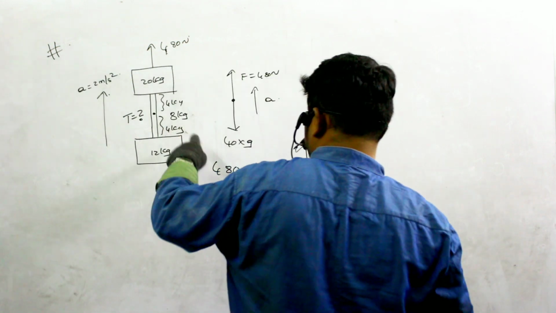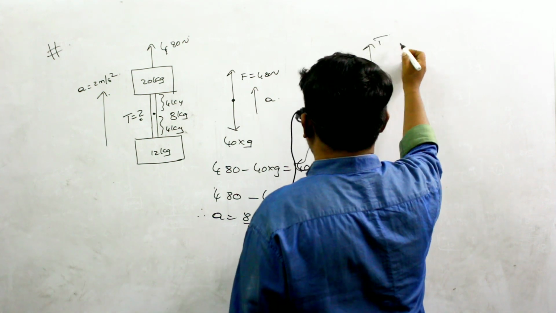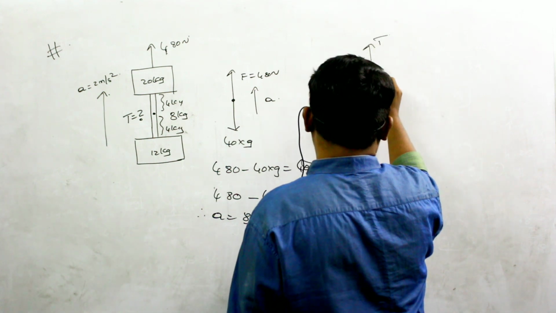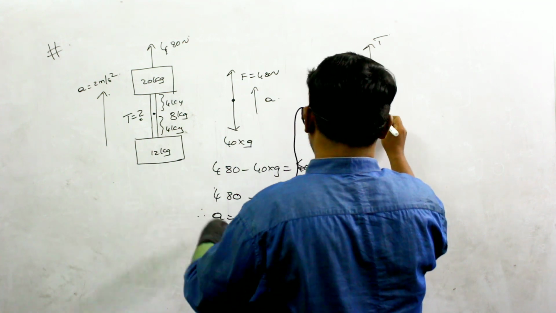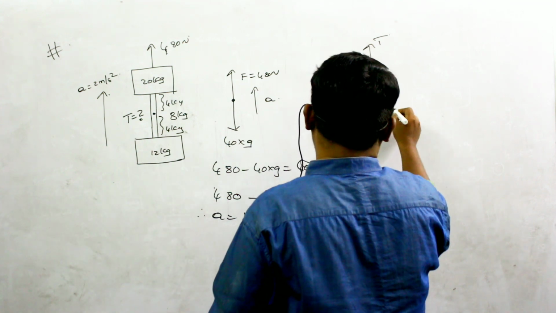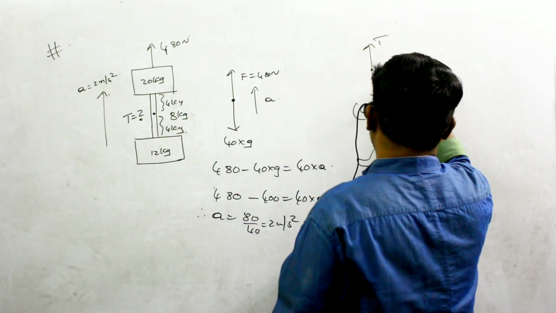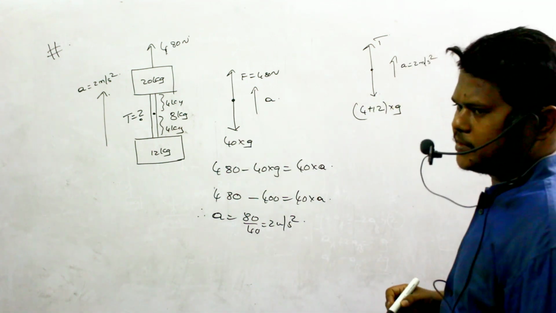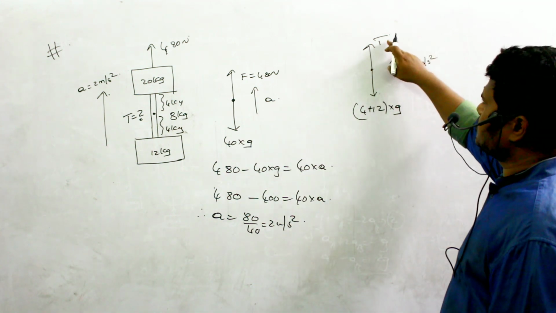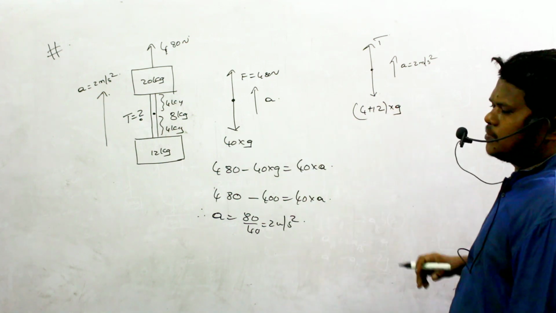So therefore, if I draw the free body diagram of that condition, then the tension is producing acceleration in 4 plus 12, total 16 into G, and the acceleration A is equal to 2 meters per second square in the upward direction. So definitely I can say this T should be greater than the weight of these 4 plus 12 kg blocks.